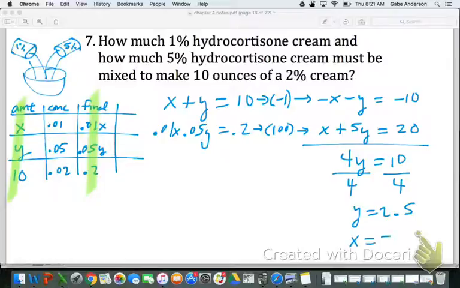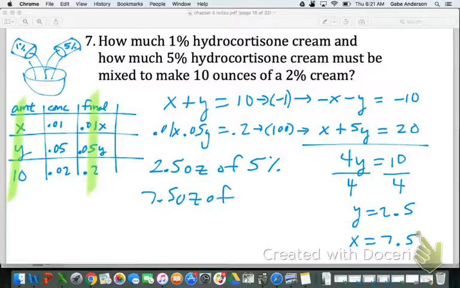Yep, okay, so 7.5 right there. So based on the way we set this up, I would say we want 2.5 ounces of the 5% and 7.5 ounces of the 1%.